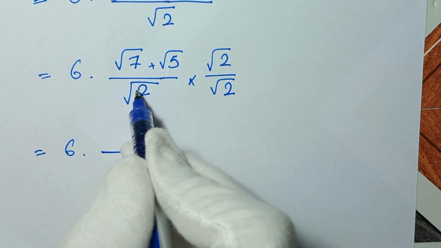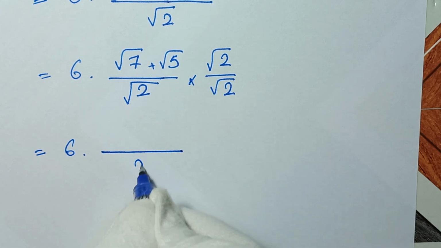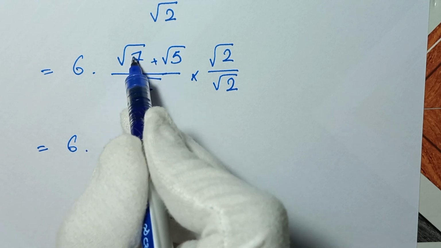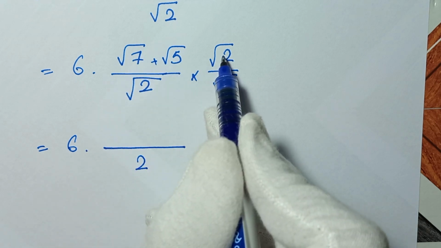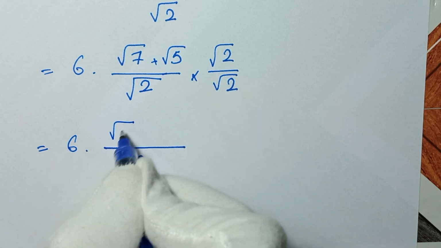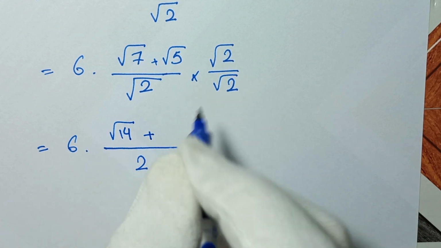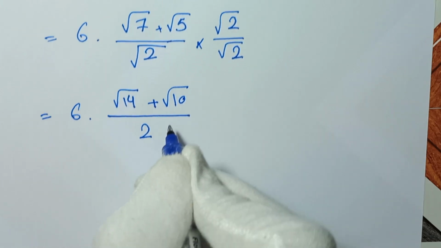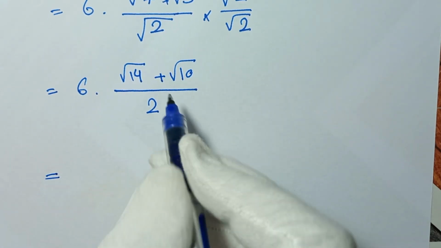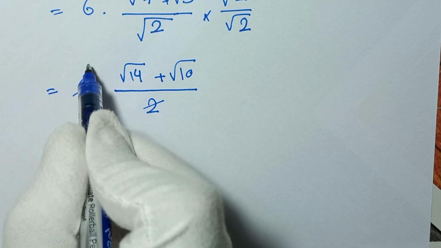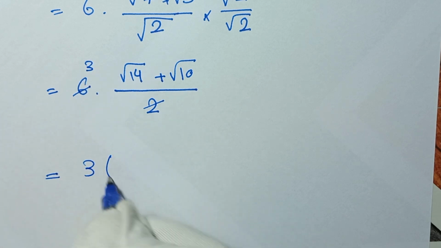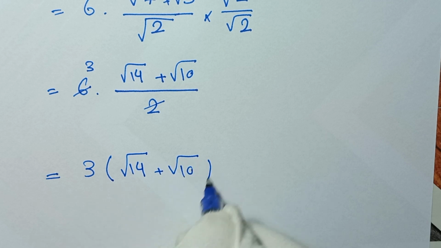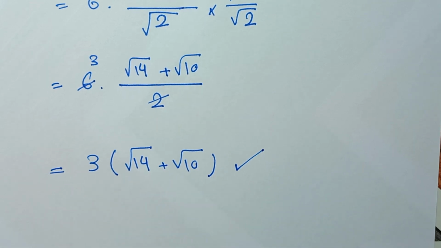The square root of 2 times the square root of 2 is 2, the square root of 7 times the square root of 2 is the square root of 14, and the square root of 5 times the square root of 2 is the square root of 10. The 2 will cancel with the 6 by 3, so it will be 3 times the square root of 14 plus the square root of 10, and this is our final answer.